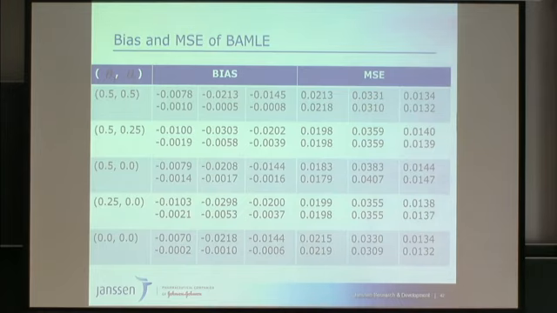So now it's a trade-off between bias and variability of the estimator, and I think that these results show that you achieve kind of both of them. You reduce the bias. You cannot get unbiased because it's just bias adjusted, but it comes with a nice trade-off between bias and mean square error.